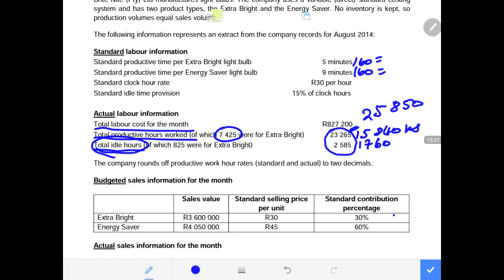Remember, the standard rate of labor was given to us as 32 rand, and we can see that now there's a variance already between the two. We paid our employees a higher rate than before. Obviously, this could be because of the union labor rate negotiations that would have led us to pay our employees higher than what we anticipated.